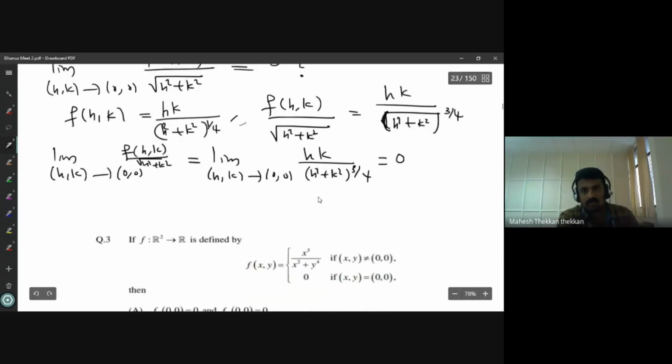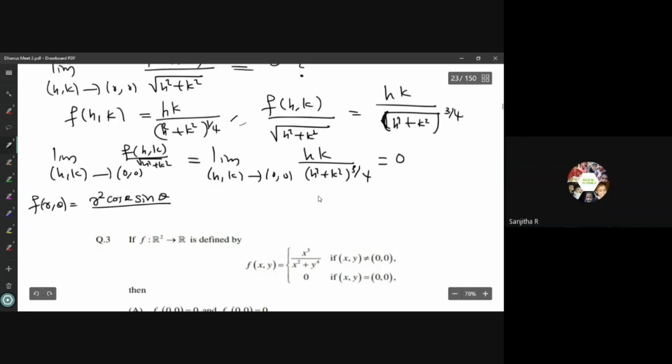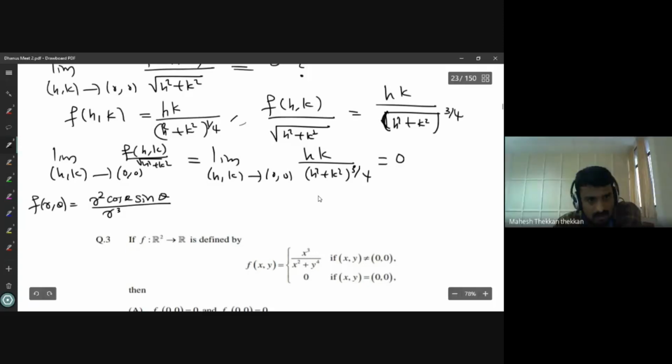If I substitute in the polar coordinates, in the numerator I will get r square cos theta sin theta, and in the denominator I will get r raised to 3 by 2. So in total, it will be r raised to 1 by 2 cos theta sin theta, right? Still, the r term is there. So r tending to 0, you will get 0 only.